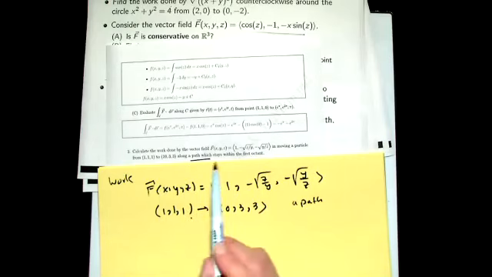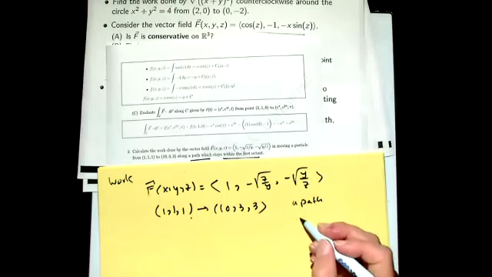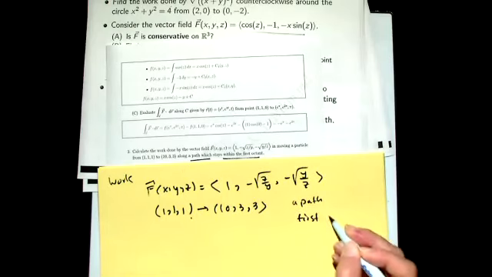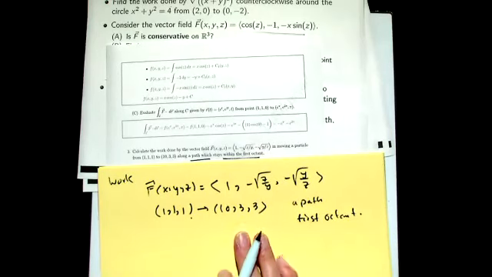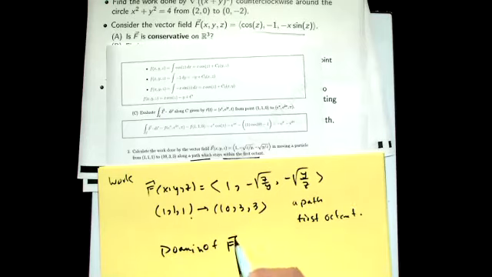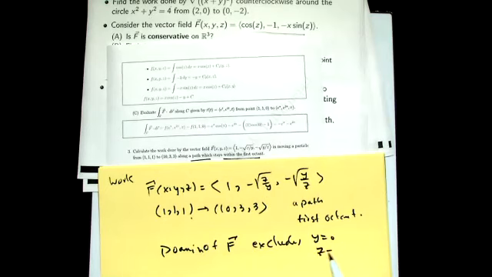But then it tells you something else. It says within the first octant. Why first octant? Because the domain of f excludes y equal to 0 and z equal to 0.